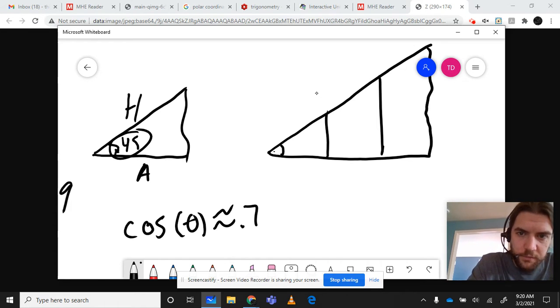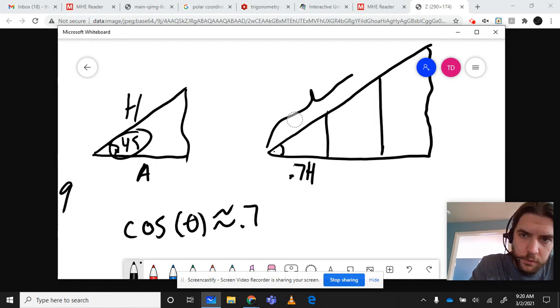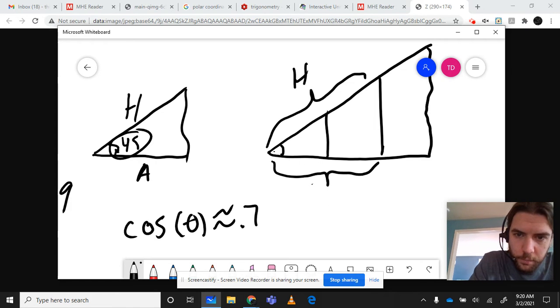As long as each of these has that 45-degree angle in that corner, then whatever this small hypotenuse is right here, the adjacent side will be 0.7 of that. Whatever this larger, medium-sized hypotenuse is, the adjacent side down here will be 0.7 of that value.